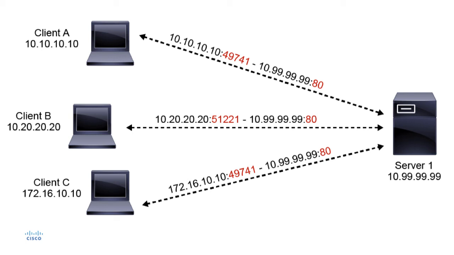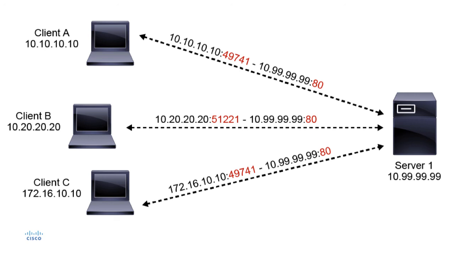So right now we have this server and it is handling 3 sessions at the exact same time. And that's not a problem. These 3 sessions are distinguished by 5-tuple information. 5-tuple information includes the local IP address and the local port, as well as the protocol, the remote IP address, as well as the remote port.